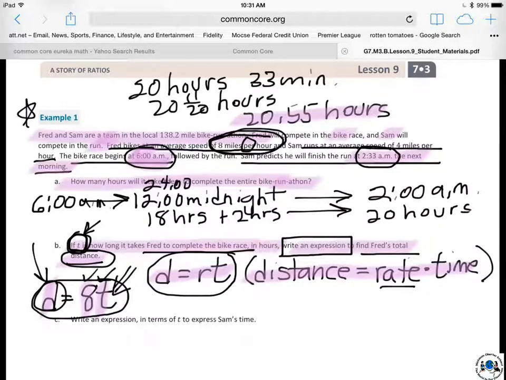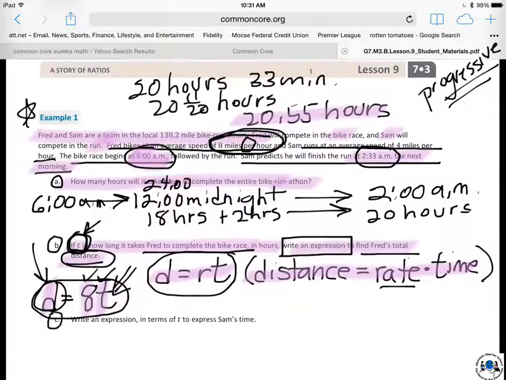Now, this part C, I want to remind you, is a progressive problem, which means it moves from one piece to the next. As soon as you find a piece of information in one part, you know it's going to be used in the next part.